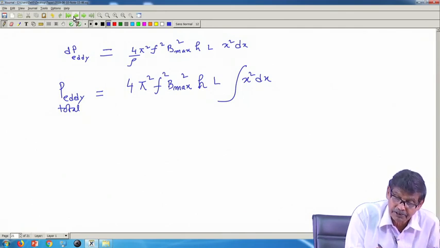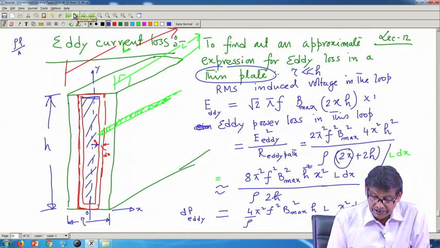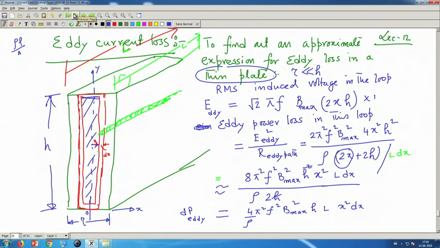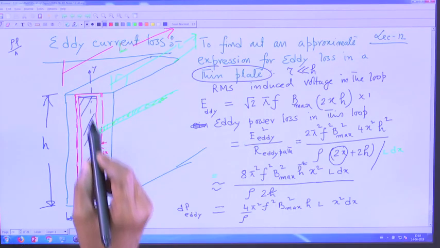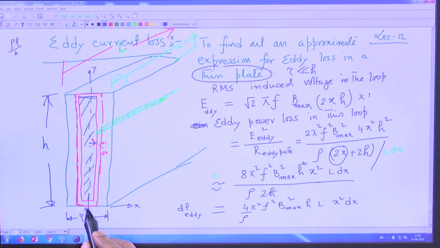So, I go to the previous page. The question is, what will be the limit of integration? At a distance x, I have considered the full loop. So, 0 to tau by 2 will be the limit.